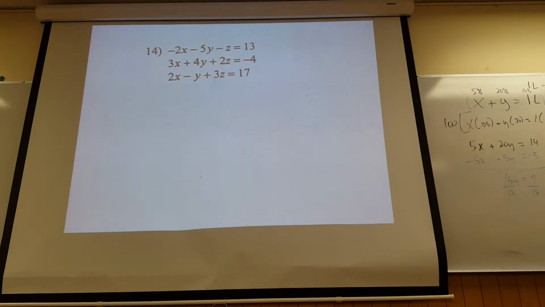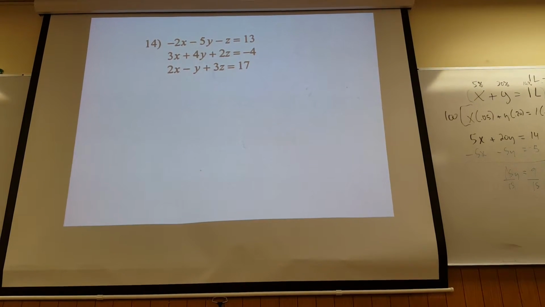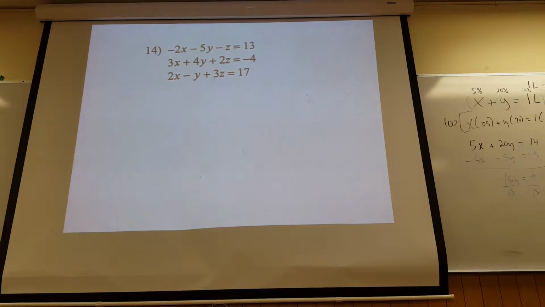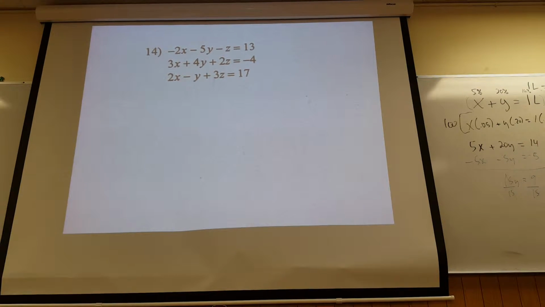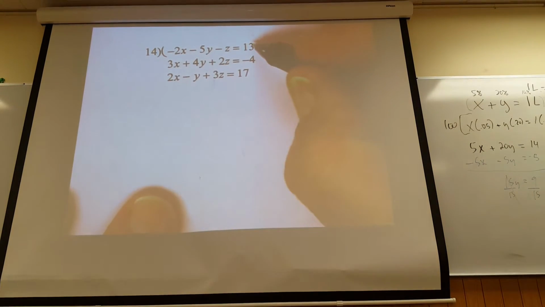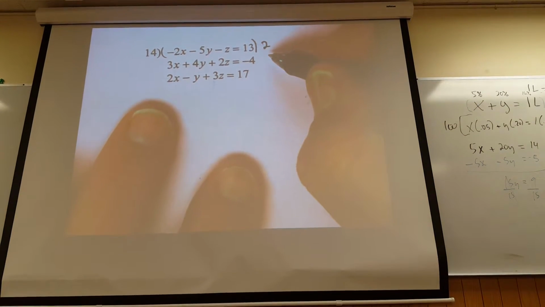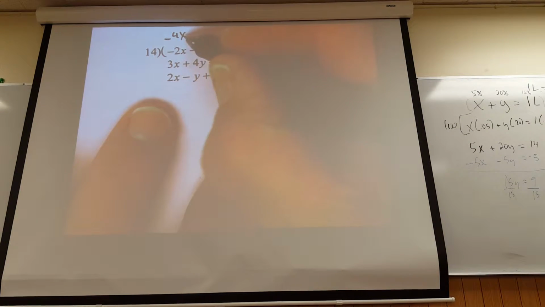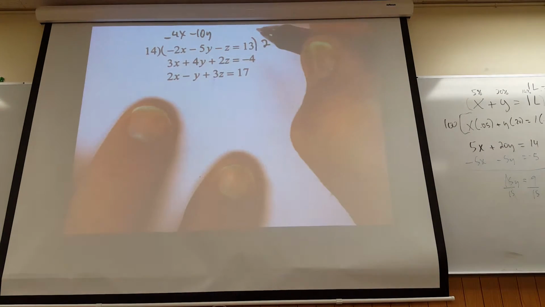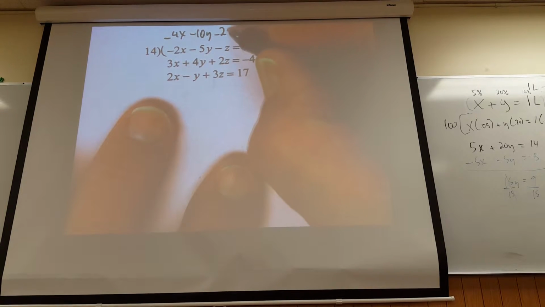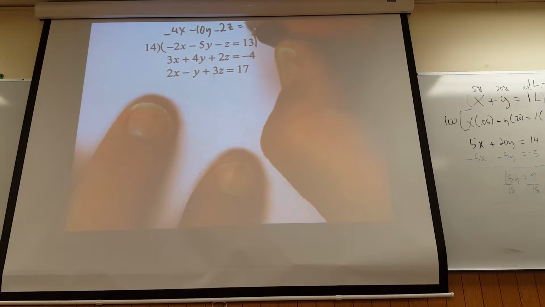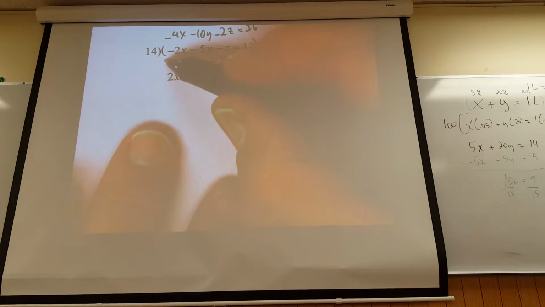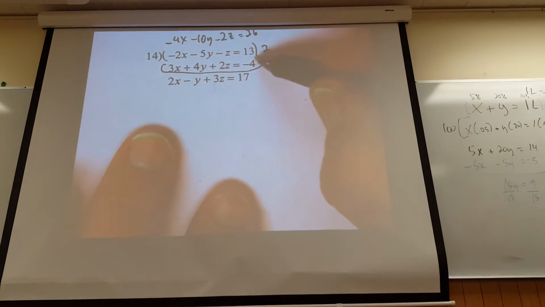Okay, so now what we would do with that is we would first times it by 2. So let's take this top one and times it by 2. So that would be negative 4x minus 10y minus 2z equals 26. Now we're adding it to this one.